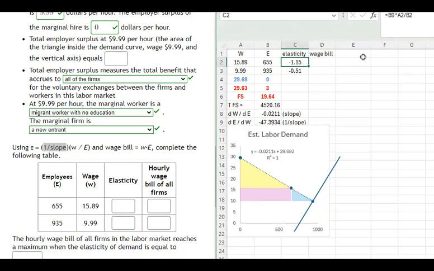If the union can negotiate a 1% increase in your wage, firms are going to agree to that only if they get a 5% reduction in the workforce, right? And you might be one of the unlucky ones that lose their job as a result of the union demand, right?